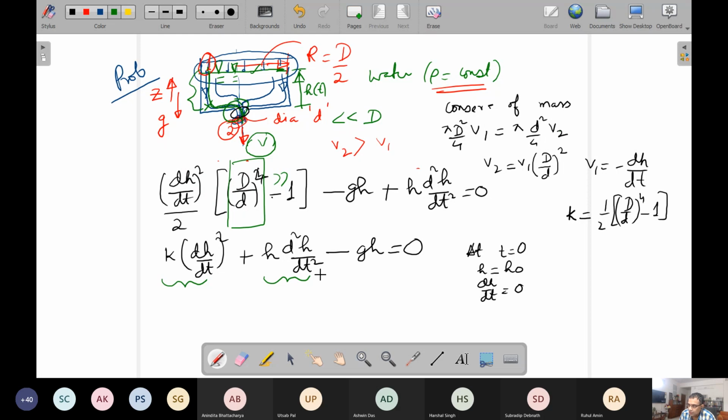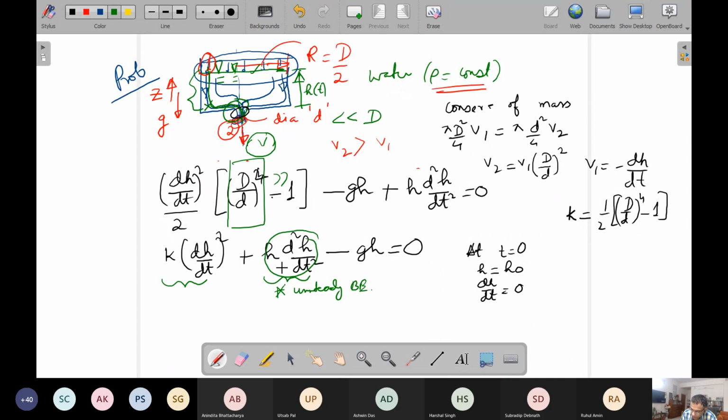Why is that the key? Because this is the term that followed from the unsteady component of Bernoulli's equation. So if somehow there are instances when this term is not important, you are likely to get a solution which you obtained in your junior classes.